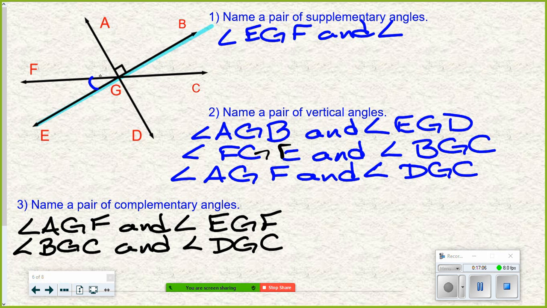So the angle that would get me the rest of the way is this angle right here. And what angle is that? FGB or BGF? Either one. You can name it either way. So those 2 angles, this angle plus this angle, add up to 180 degrees. So you want to start with a straight line and go from one side to the other side using 2 angles.